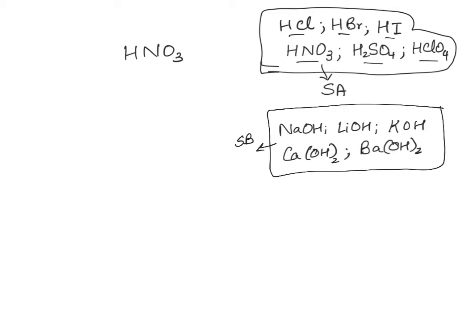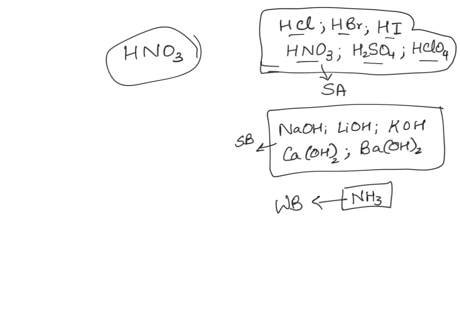Anything else that you see is a weak base. Most commonly known weak base, ammonia. So the first simple type of question, HNO3, strong acid or a weak acid? We know from this group that HNO3 is a strong acid, right?